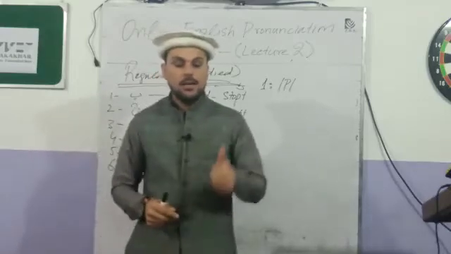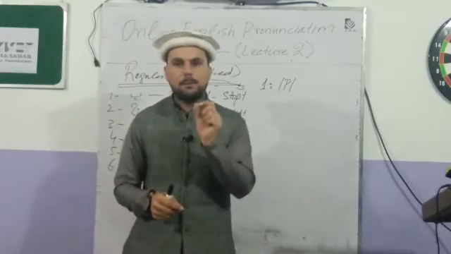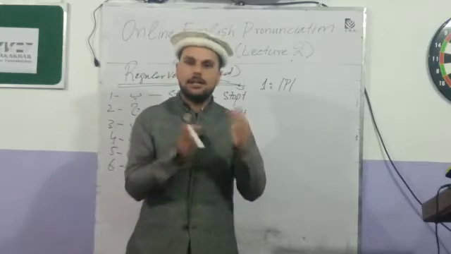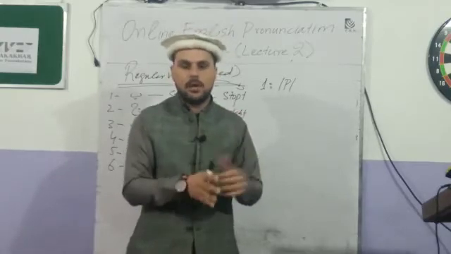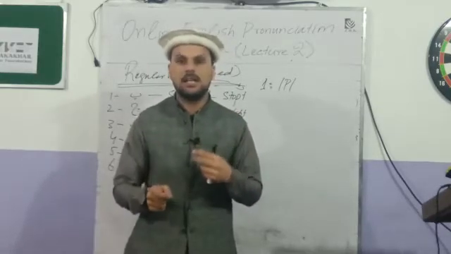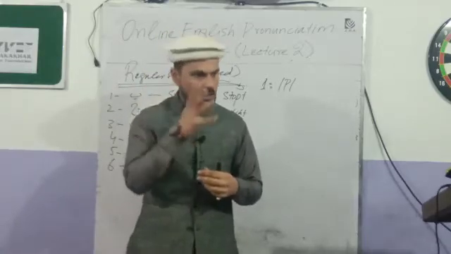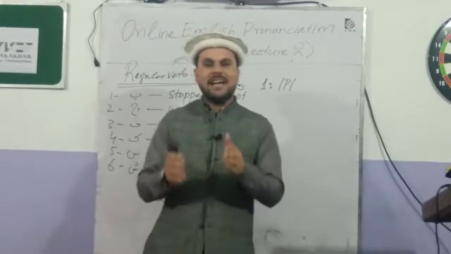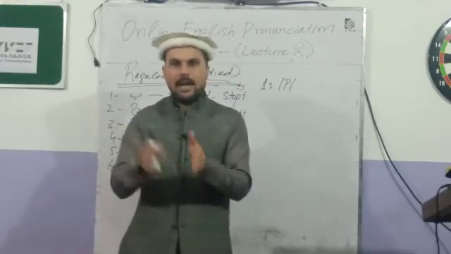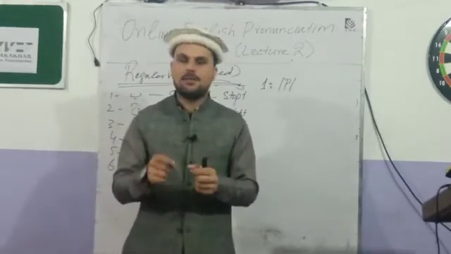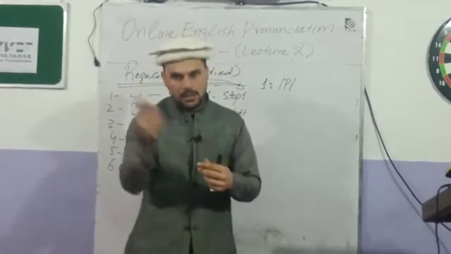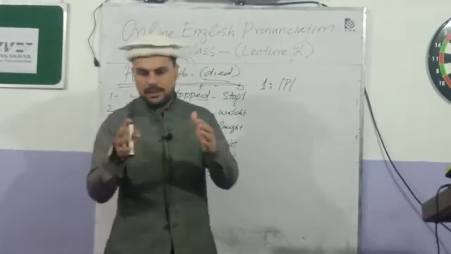Whenever you find the p sound at the beginning of a word, it is always pronounced aspirated, and when it comes in the middle or at the end, it is pronounced unaspirated only. So this was the position.